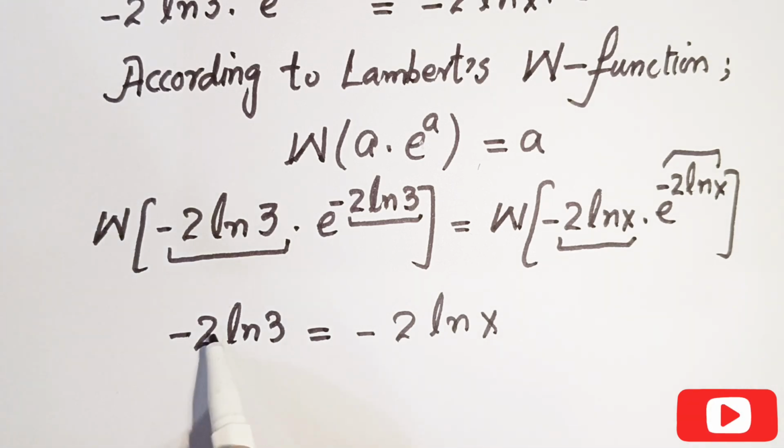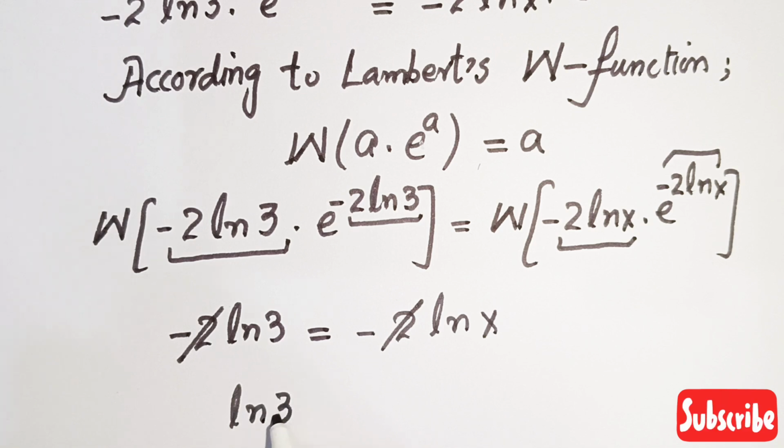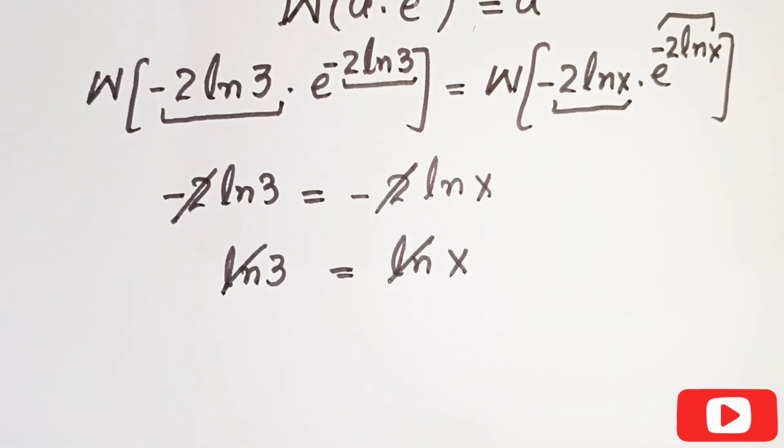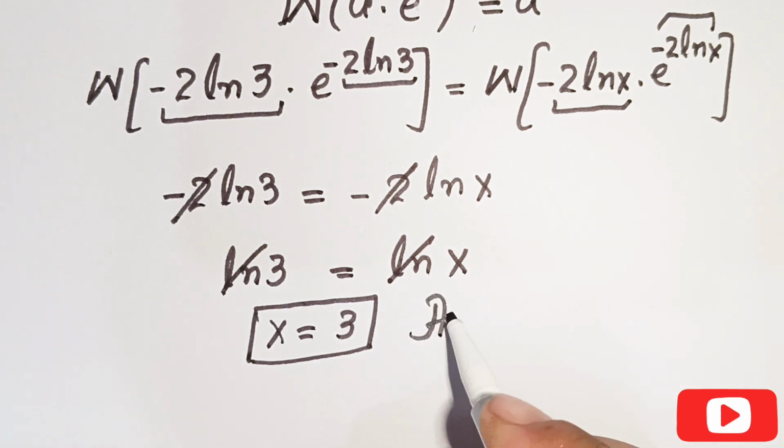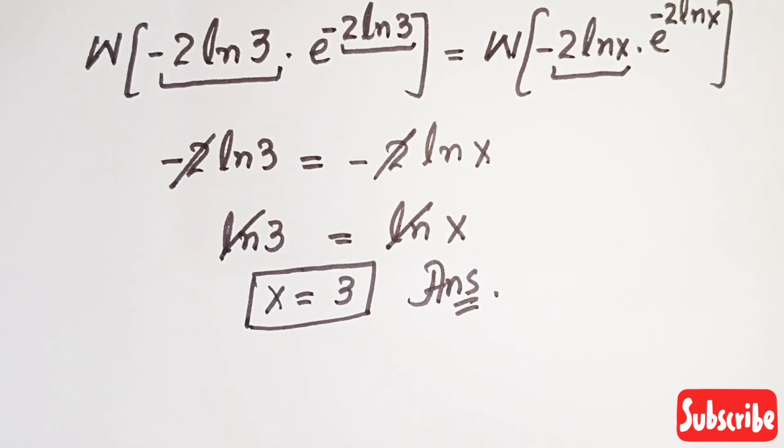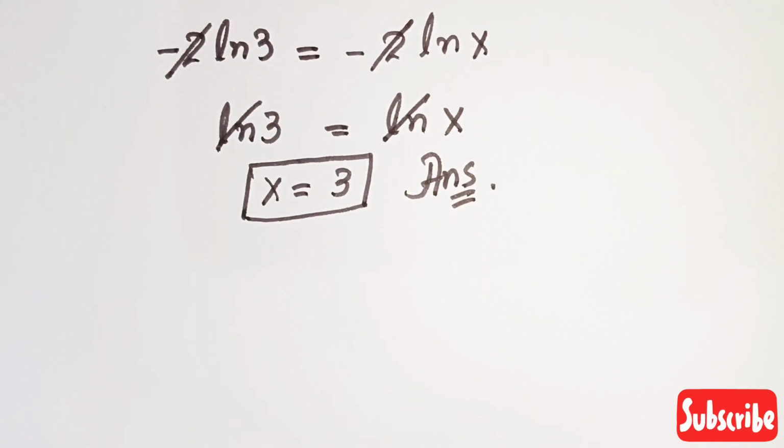Here this minus 2 is cancelled out with minus 2, and we get natural log of 3 is equal to natural log of x. If we cancel out the natural log on both hand sides, we have the value of x is 3. So it is our final answer that we found using method number 3, the same result as method number 1 and method number 2.